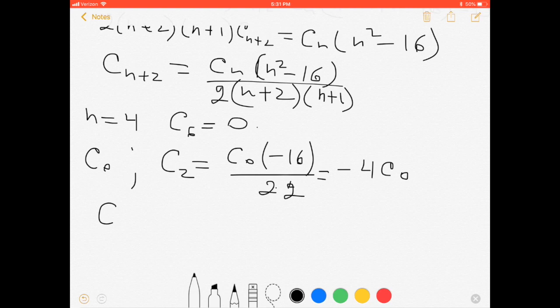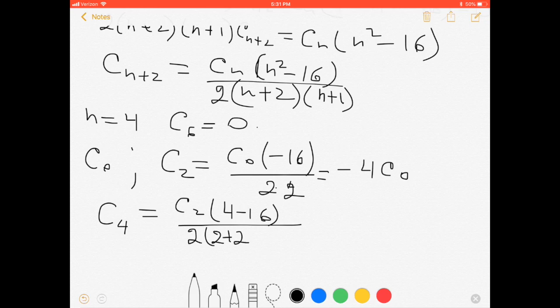Next one, I can count C4. What has happened? It will be C2 times, now n is 2, so 4 minus 16 divided by twice (2 plus 2)(2 plus 1).